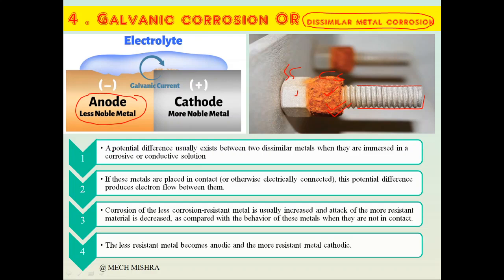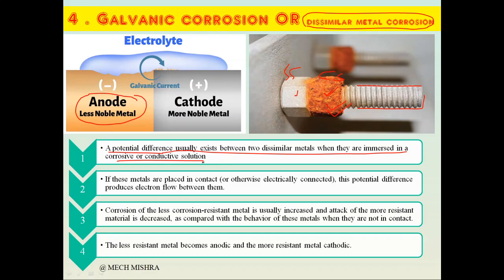Now we will see the literature. A potential difference exists between two dissimilar metals when they are immersed in a corrosive or conducting solution. It means when there are two dissimilar metals, one will be noble, or more noble, and one will be less noble, meaning one will be active and one will be less active.